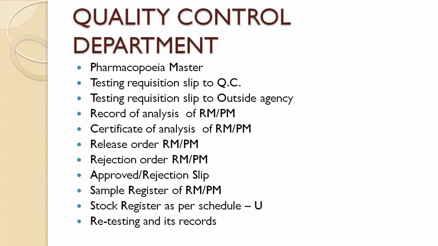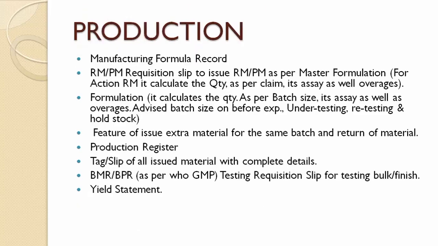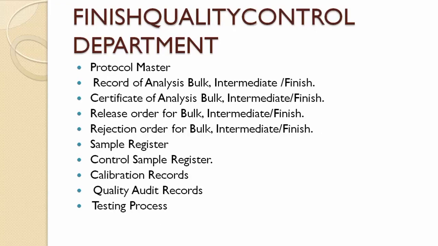In the quality control department these are required: testing requisition slip, certificate, rejection list, rejection order, and approved and rejection list. And in the production department these things are needed. And these are the requirements of the finished quality control department. So these are the requirements and complete process of a manufacturing unit.